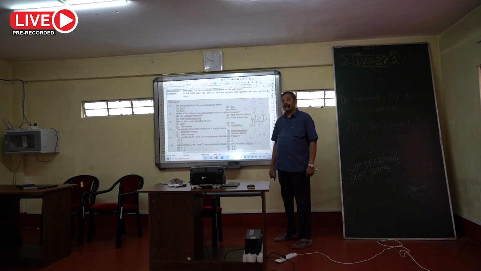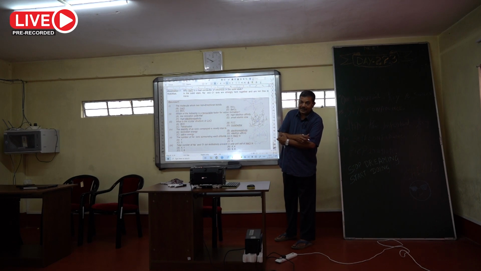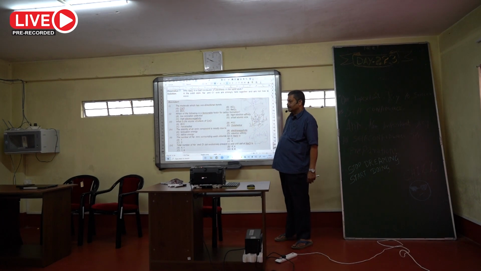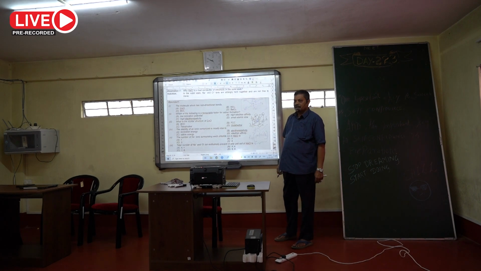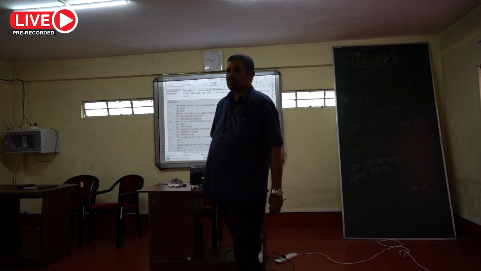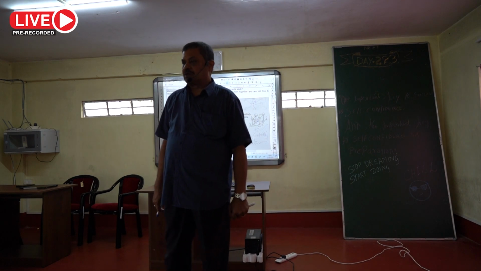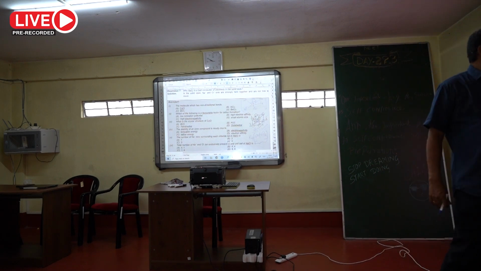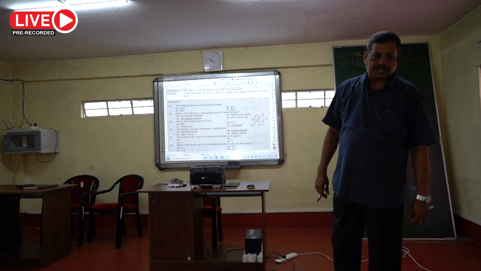So the number of coordinate covalent bonds around the center metal ion in the coordination sphere is called coordination number.